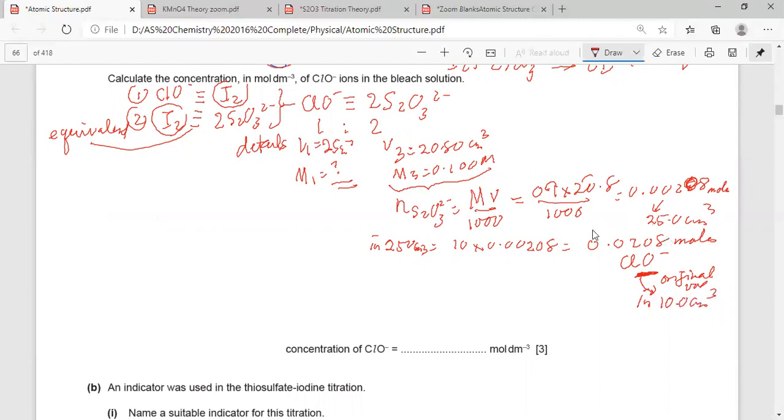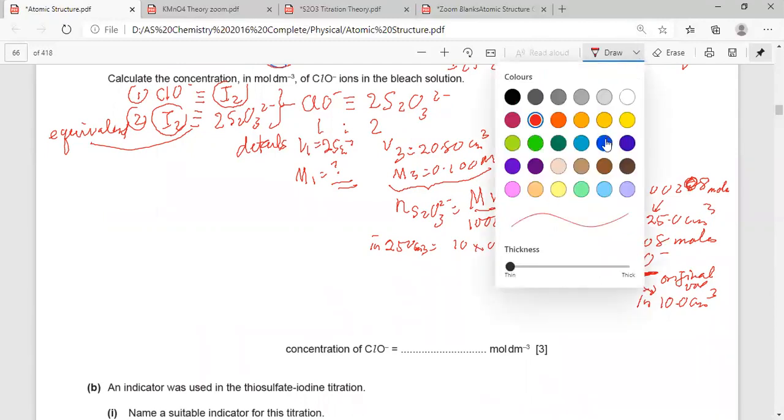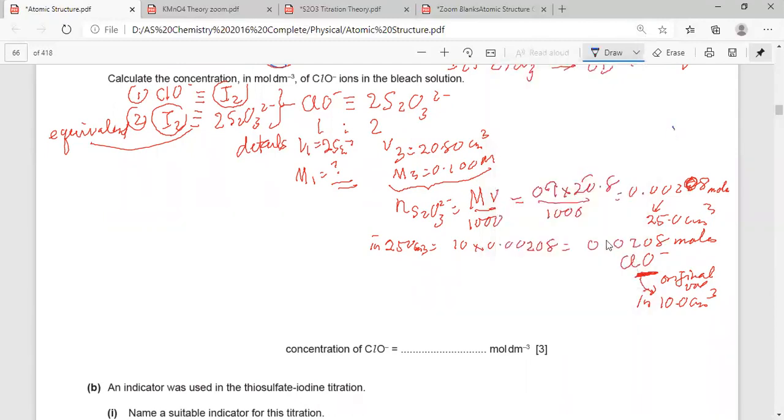I put a blue again so that you can see clearly. So this whole thing now, you want to find molarity, is it? Molarity is equal to number of moles over volume. So how many moles are there in your 10 cm³? So 0.0208 in 10 divided by 1000.